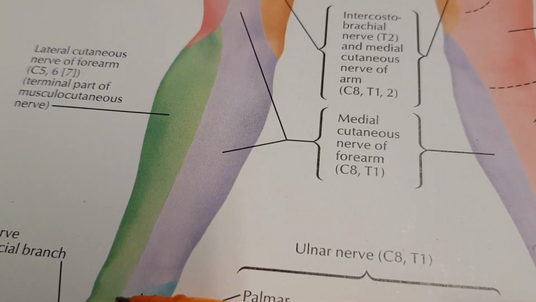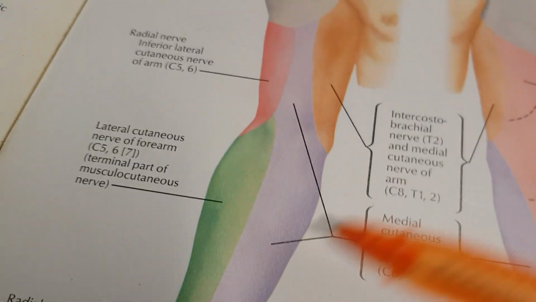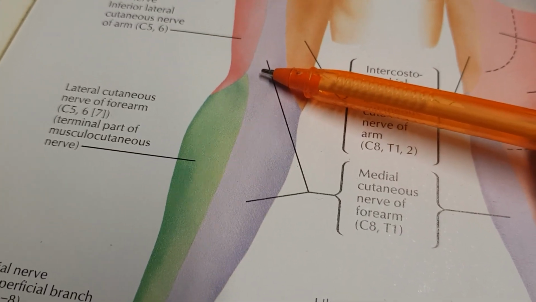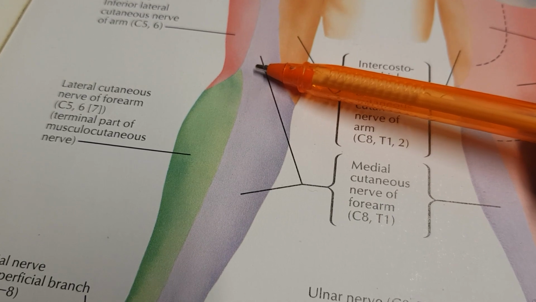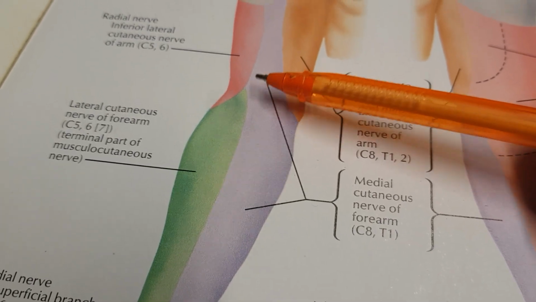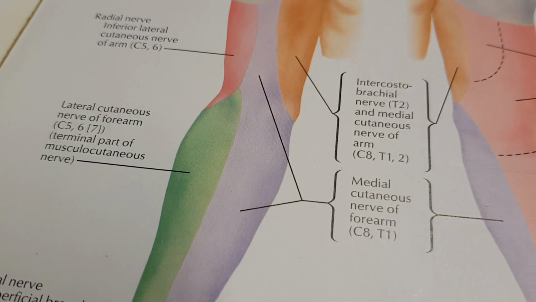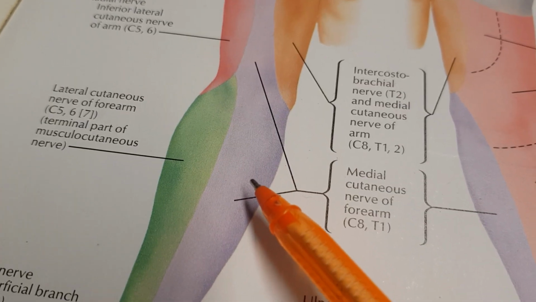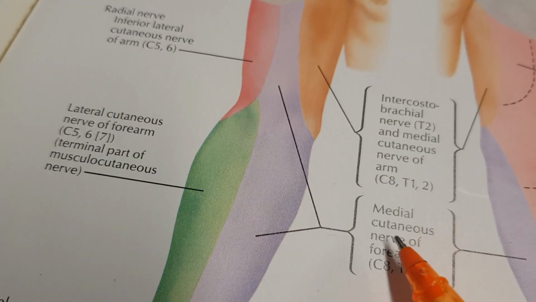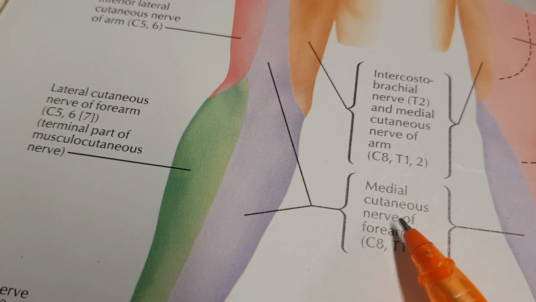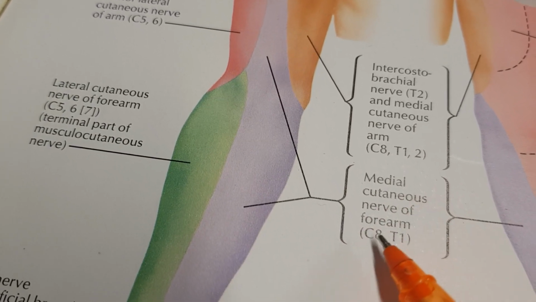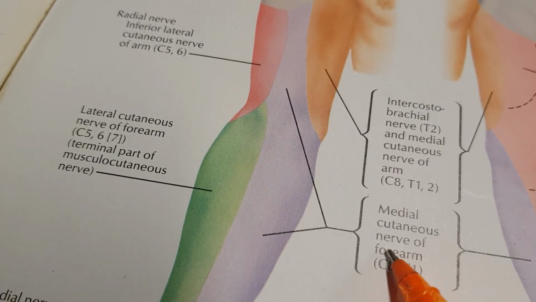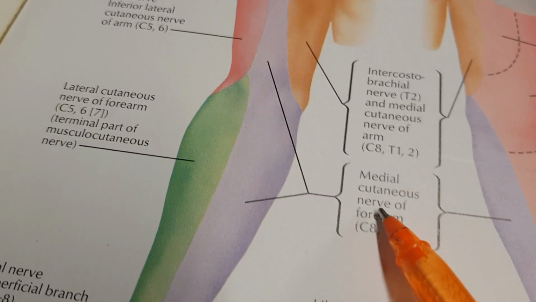From the wrist joint to the elbow joint, you can test 3 nerves there. The name of this nerve is medial cutaneous nerve of forearm. This nerve is not a branch from any other nerve.